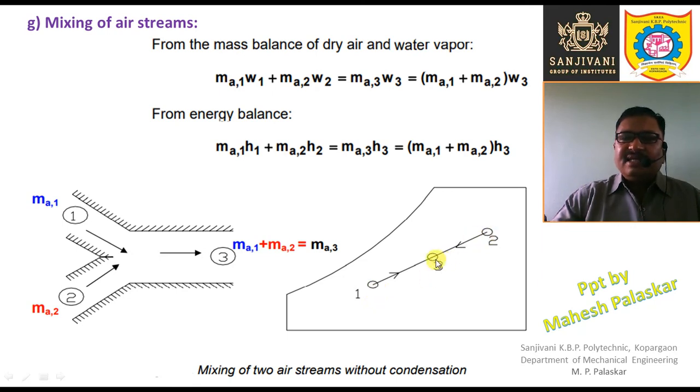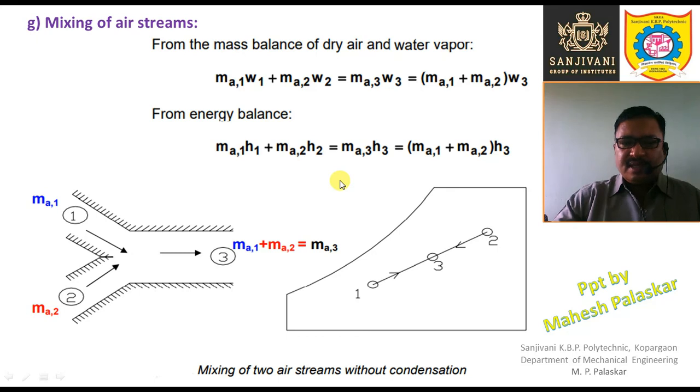Now roughly we can say that this point 3 will lie on the line joining point 1 and 2, approximately. But the exact location of point 3 between 1 and 2 depends upon other factors like the mass of air in stream 1, the mass of air in stream 2, and the other properties, specific humidity and the enthalpy of the air in stream 1 as well as stream 2.